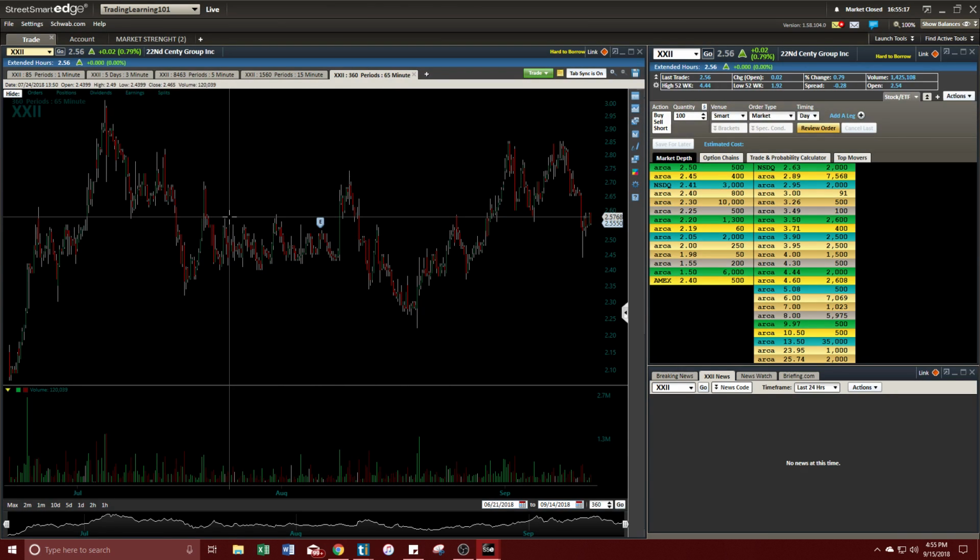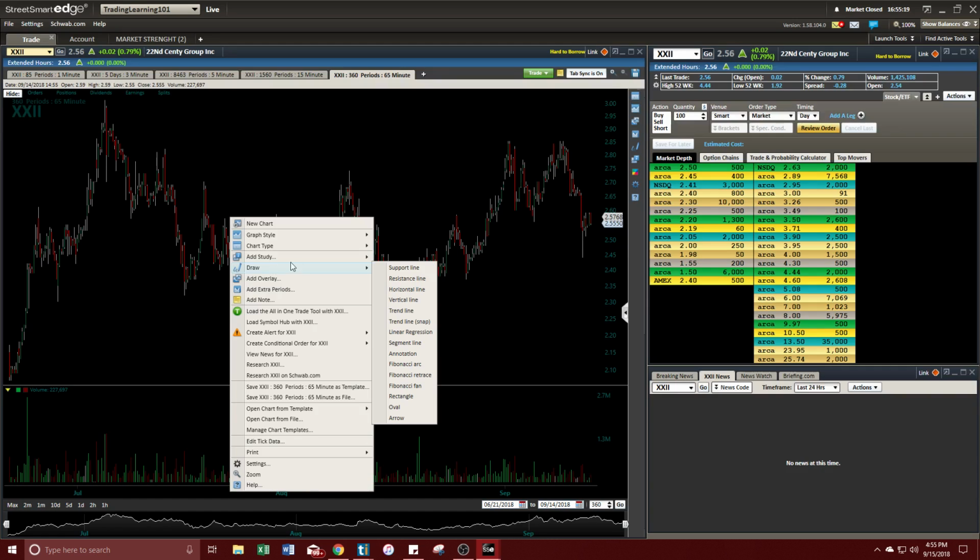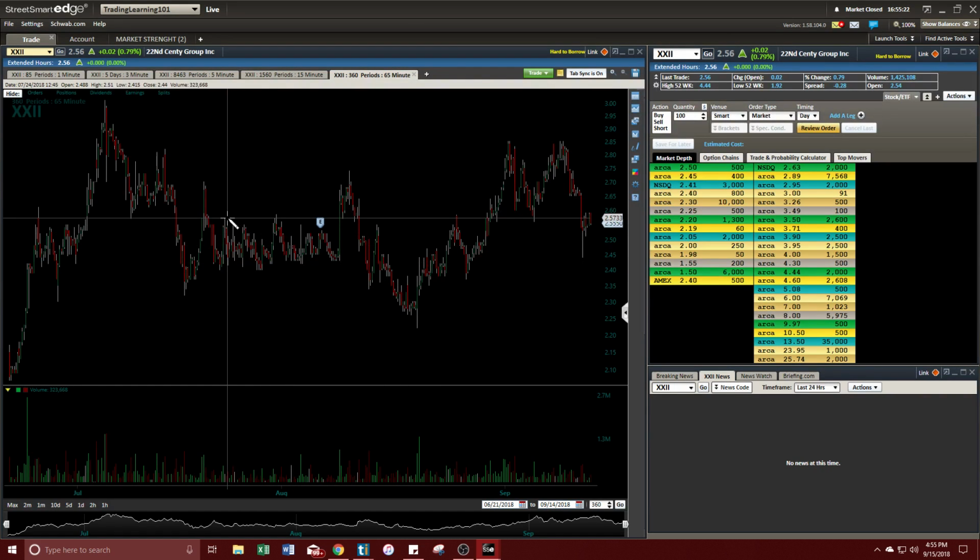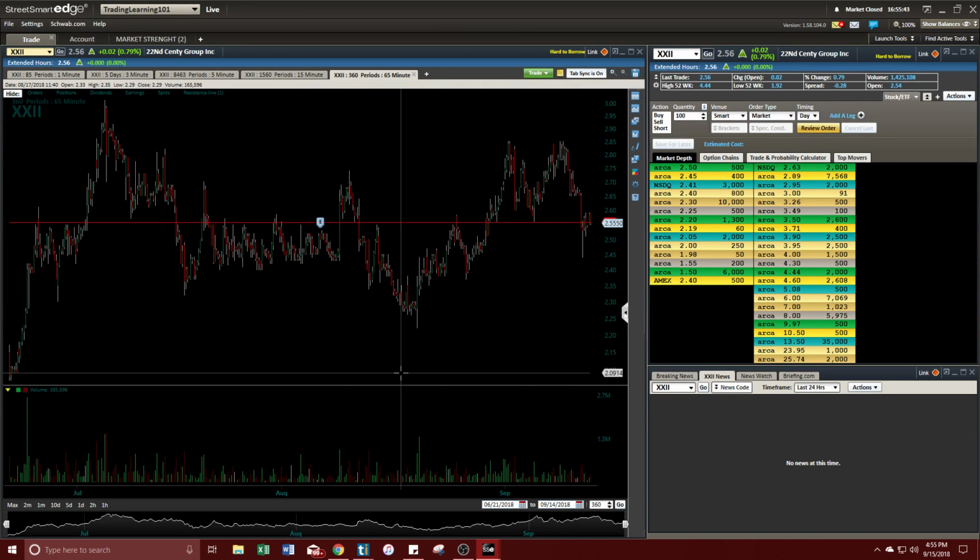You can see every time right here, I'll draw a line. This 250 area here and here and here was a tough resistance for it. It came down and bounced off it right here. And now it's bouncing off it, trying to get it back above it right here.